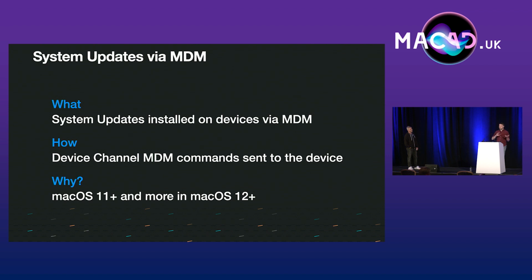And if we look to where the hockey puck is going, as the platform changes, as we go to silicon devices versus Intel, as we have secure boot, bootstrap token, if you go back a little bit further, and whatever comes next for these platforms, Apple's kind of communicating that to have these updates blessed and anointed and installed on the device, and to make sure that you're getting those firmware updates in between with any different changes in that product key, you're going to need to be pushing these updates via MDM sometime soon, probably. So that's kind of the what, how, and why.